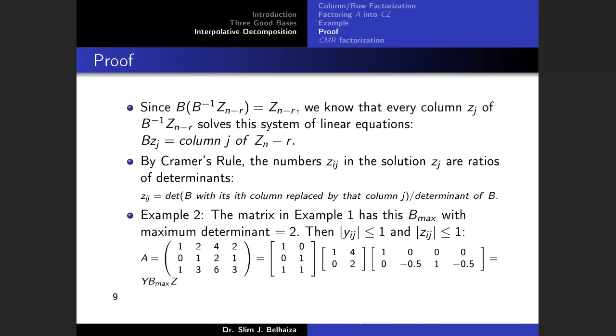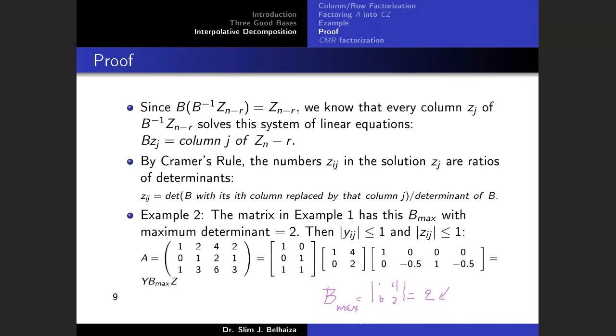So let's do it again. B max is 0 or 2. So my determinant is 2, which is positive.